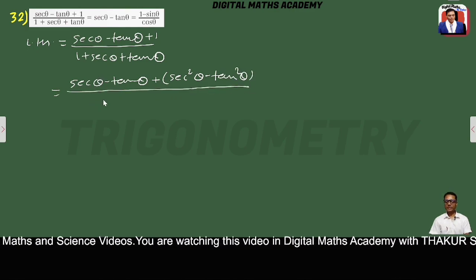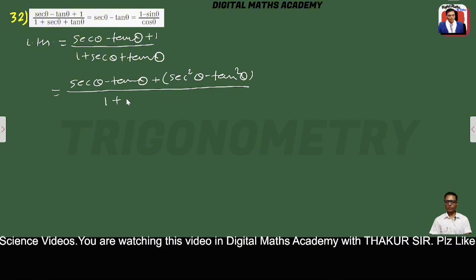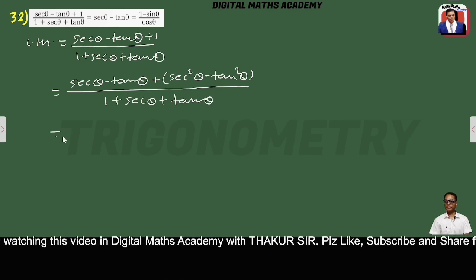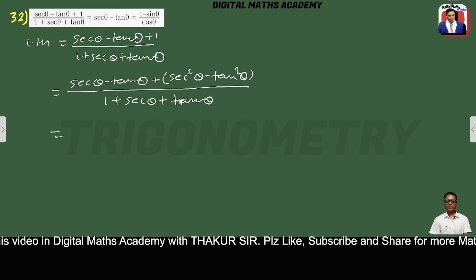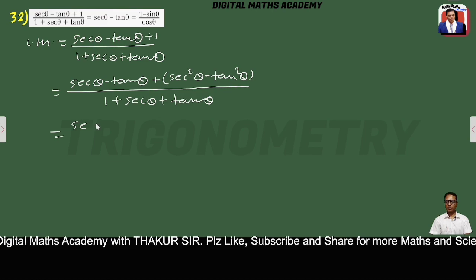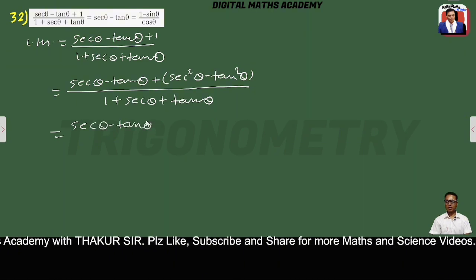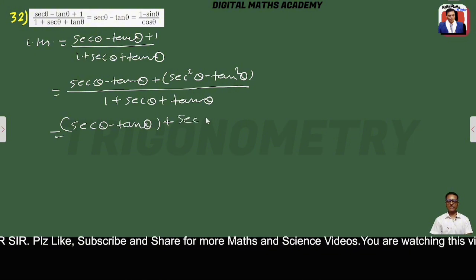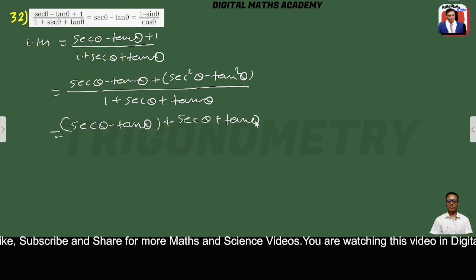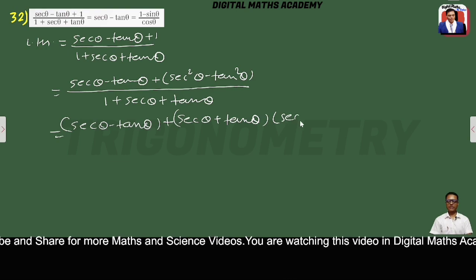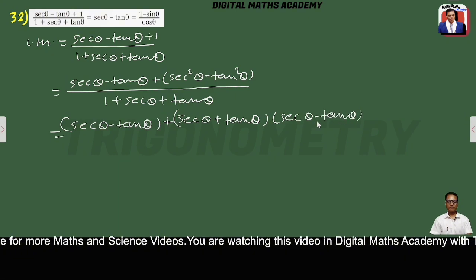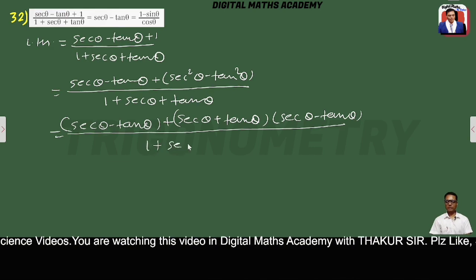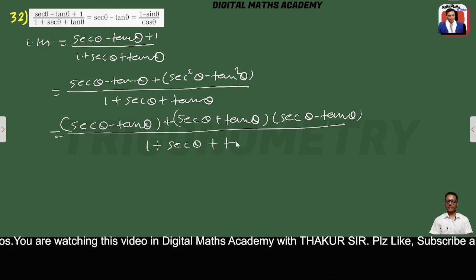And we do not do any change at the denominator, so we have here 1 plus sec θ plus tan θ as it is. Now we apply the a² minus b² formula, so sec θ minus tan θ we write, and here a² minus b² equals sec θ plus tan θ and sec θ minus tan θ. At the denominator as it is, 1 plus sec θ plus tan θ.